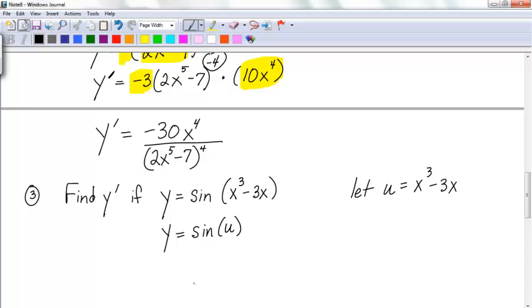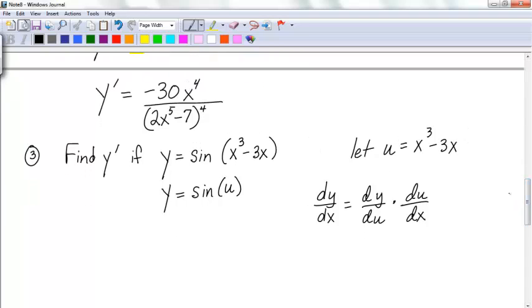When you figure the derivative, the y prime, it's like the derivative of y with respect to x is the derivative of y with respect to u times the derivative of u with respect to x. Now, you don't have to write it that way each time, but you've got to be able to work the problem. So if I figure y prime, first you would look at your card and say, what's the derivative of sine?